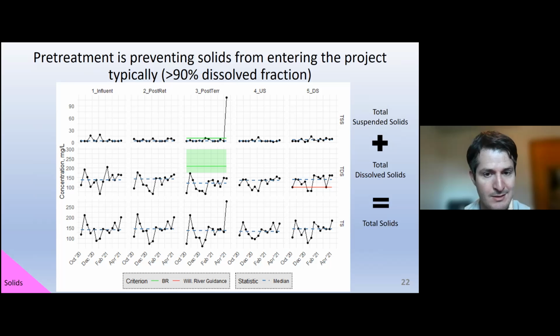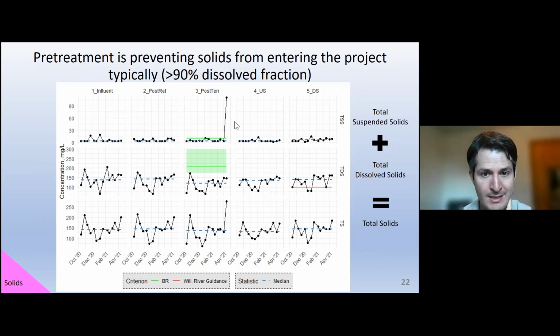So colloids, things smaller than 0.45 microns, salts, that kind of stuff, which is useful to know if you're thinking about the mechanisms that will potentially remove solids-associated pollutants like certain metals or bacteria.